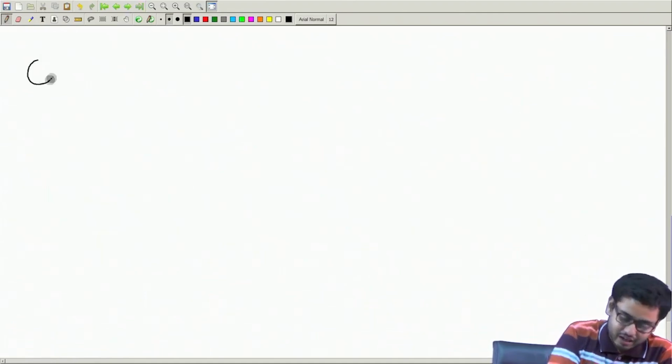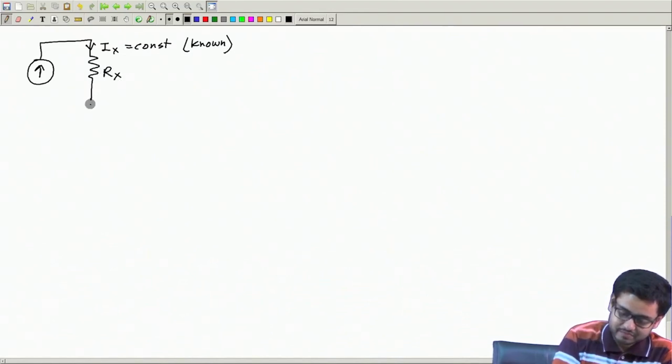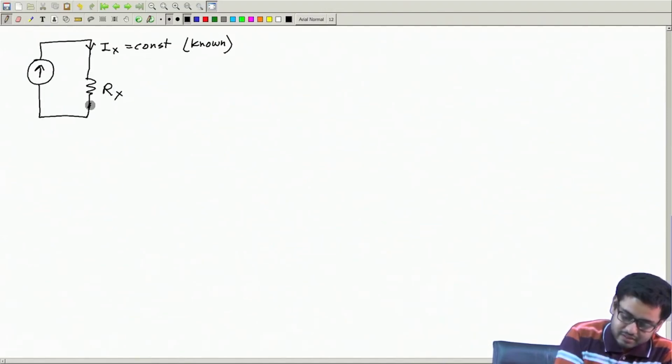I will take a constant current source. This Ix will be constant and known. This is my Rx. Let me draw it slightly down, and then I measure this voltage with a voltmeter.